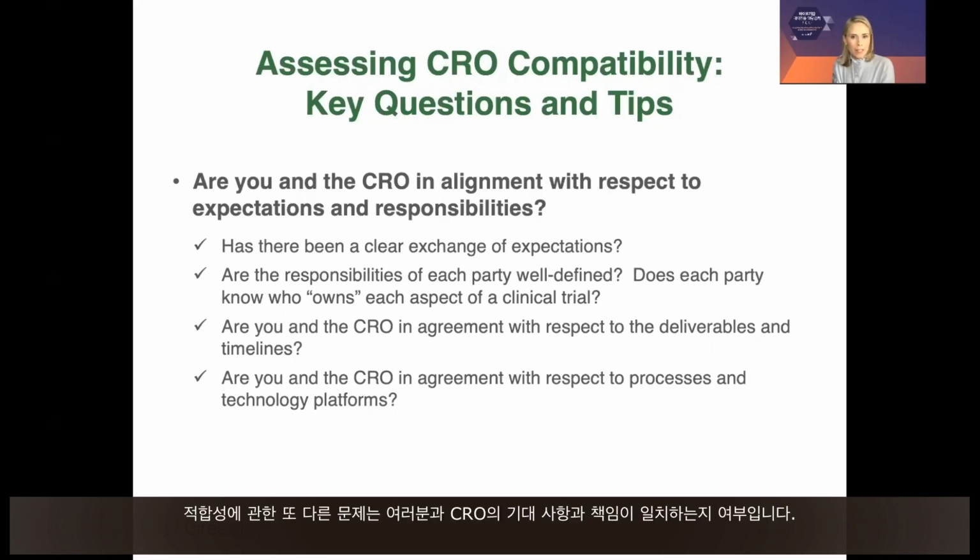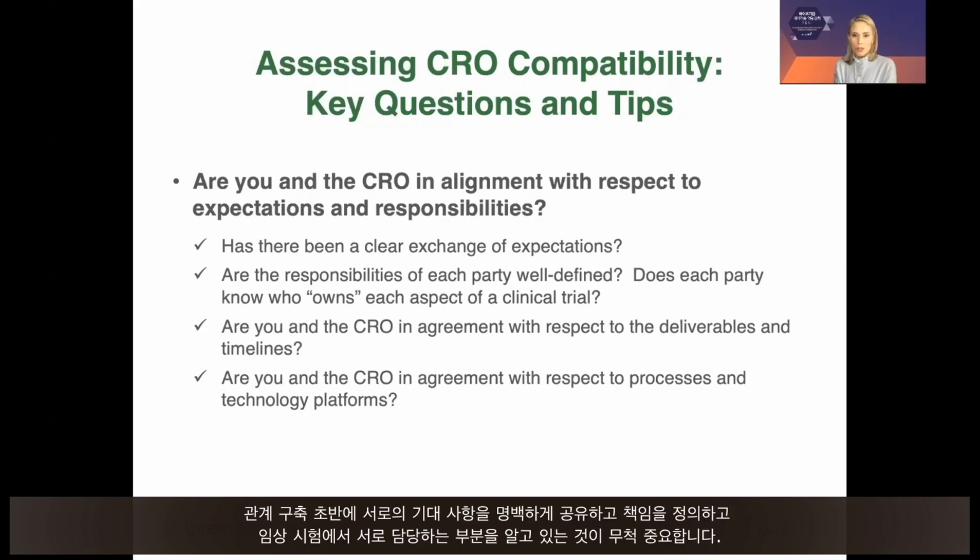Another compatibility question to ask: are you and the CRO in alignment with respect to expectations and responsibilities? It's so crucial to have a clear exchange of expectations at the beginning of the relationship, and to ensure that responsibilities are defined and that each party knows who owns each aspect of the trial.